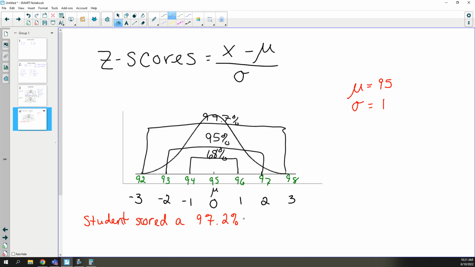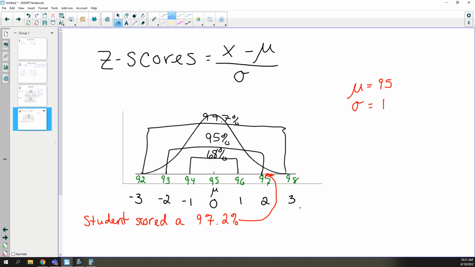So 97.2, visually, if we're looking, so these are our percent score on the test, right? So 97.2 is probably somewhere over here. So we can see it's not quite a z-score of 2, but it's definitely not a z-score of 3.